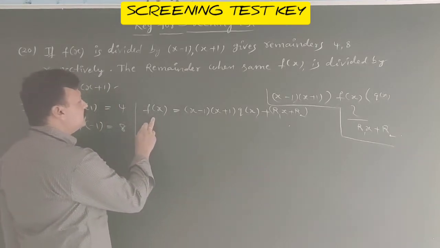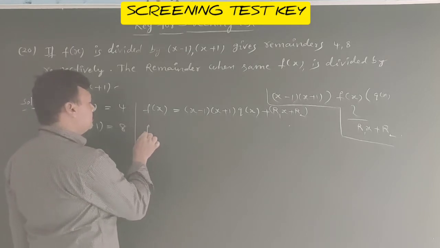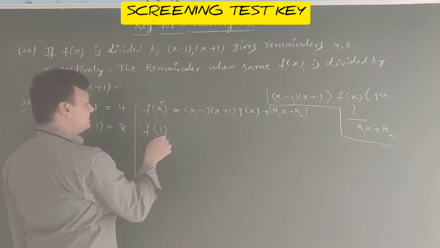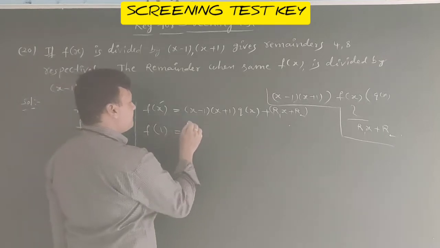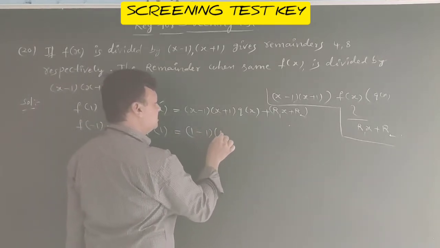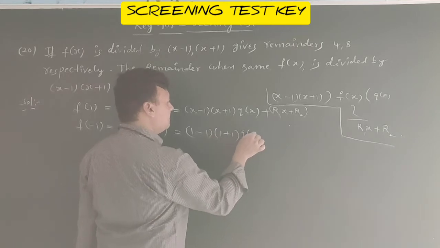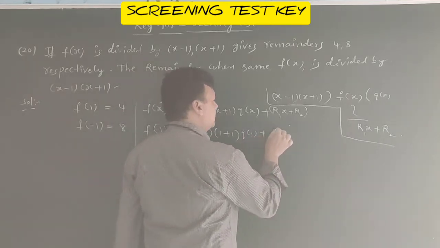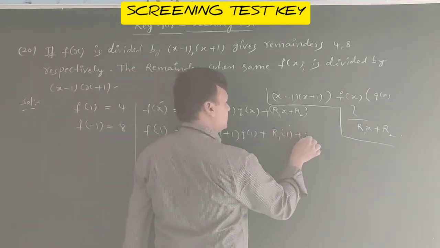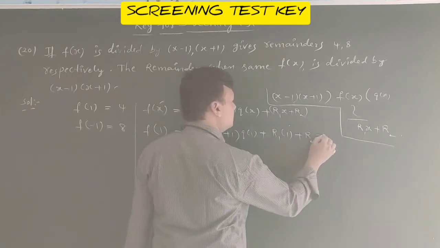Now substitute x equal to 1 here, then 1 minus 1 into 1 plus 1 into q of 1 plus R1 into 1 plus R2.